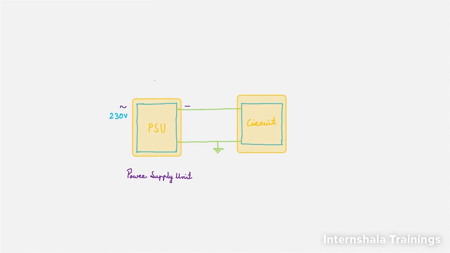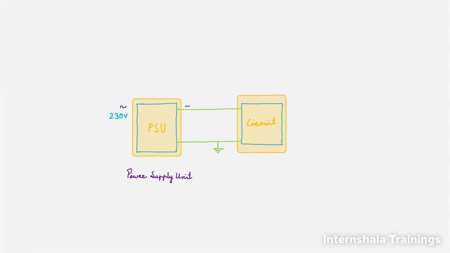But let's consider that the output of this power supply unit is not pure 5 volt DC and it includes some noise. We don't want that noise to travel towards this circuit because we want to power this circuit with pure 5 volt DC. Now this noise is nothing but the AC components. What do I mean by AC components?